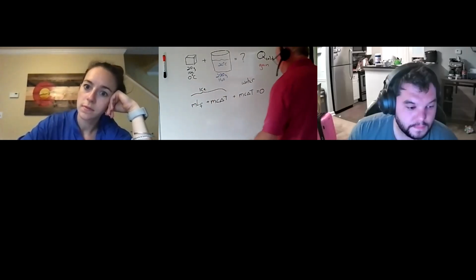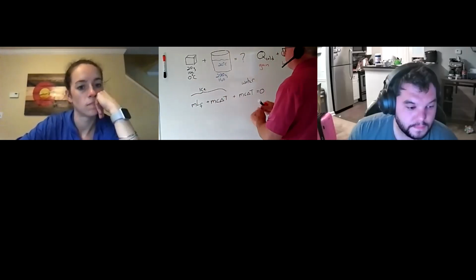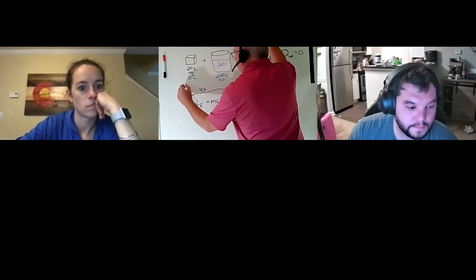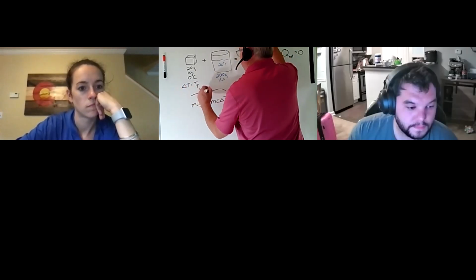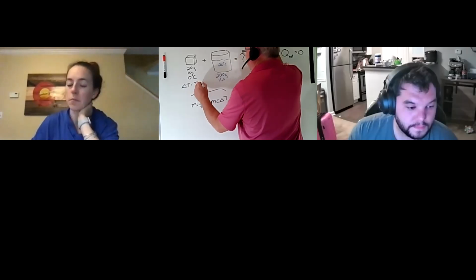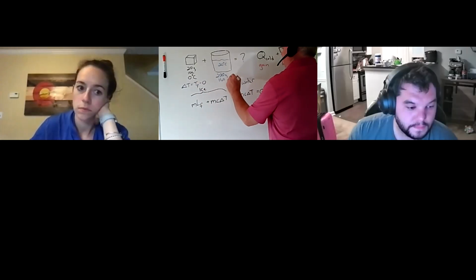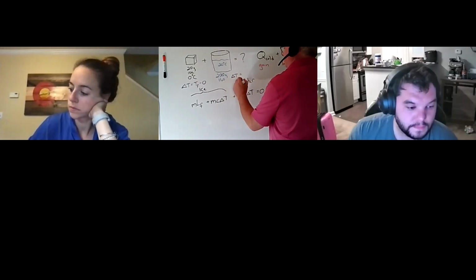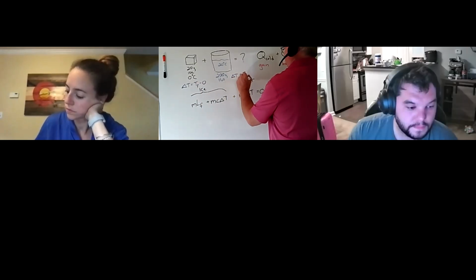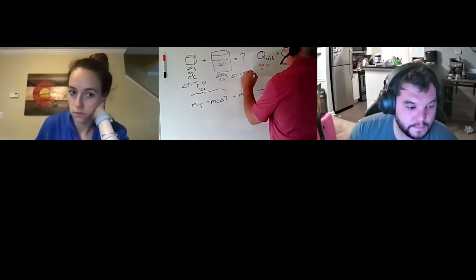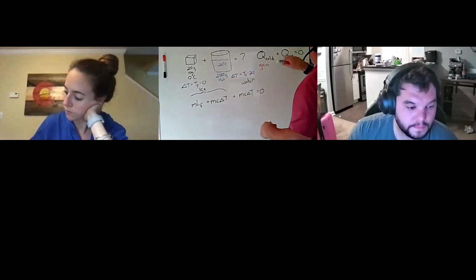It doesn't look like it's going to show purple. Let's try purple. So remember, when you do a delta, you always do final minus initial. And it's the final temperature, I don't know. But the initial temperature of this melted ice is going to be 0. And then over here, delta T is going to be equal to whatever the final temperature is, minus 20. And that's where the minus sign comes from that makes this a loss.